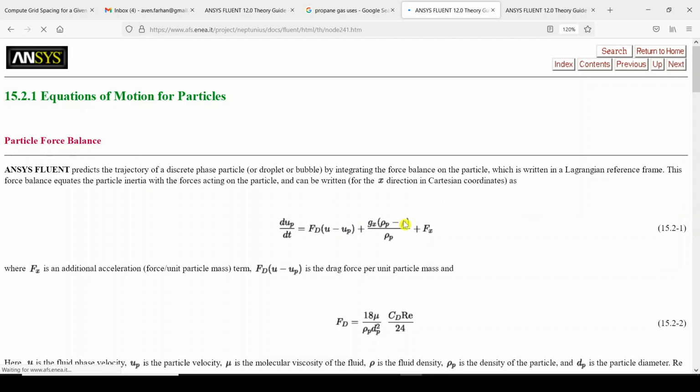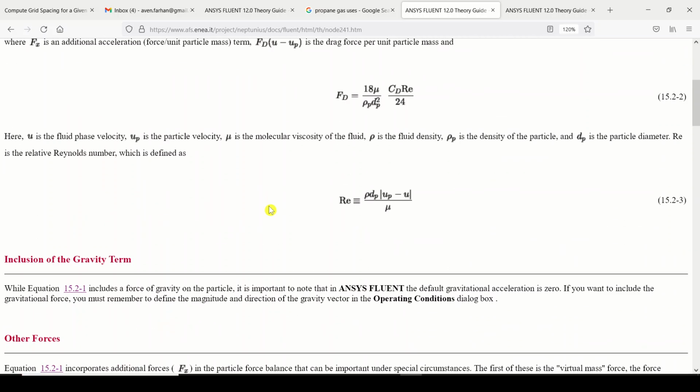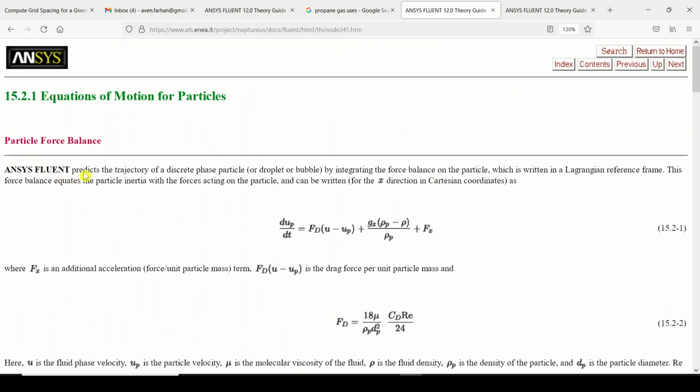So these are the equations for the particle force balance, and if you are trying to present a report, you definitely have to add the equations. If your case involves a DPM study, then you have to add these equations of forces as well, right? ANSYS Fluent predicts the trajectory of a discrete phase particle or droplet by integrating the force balance on the particle, clear, which is written in the Lagrangian reference frame.